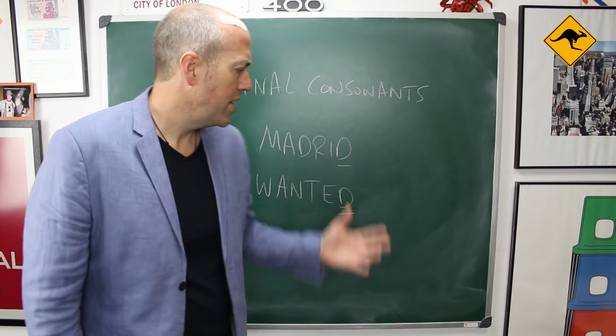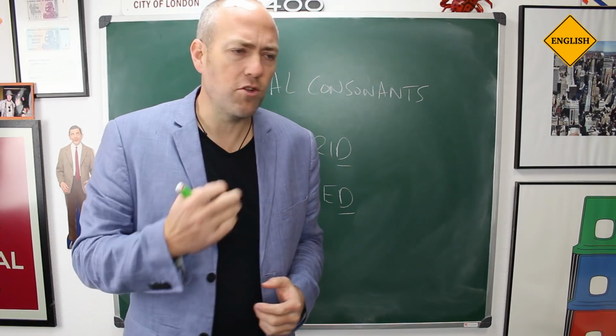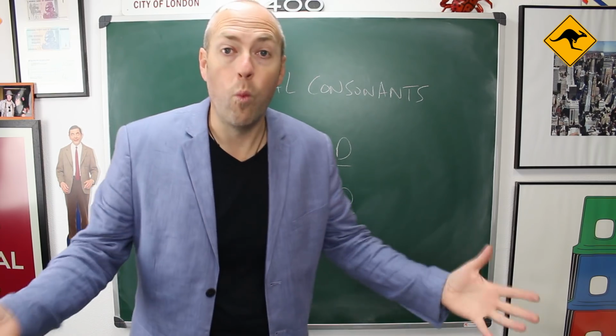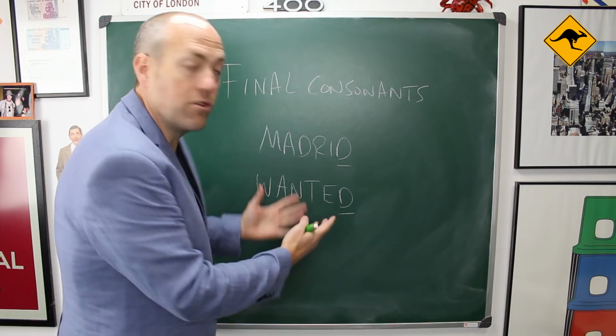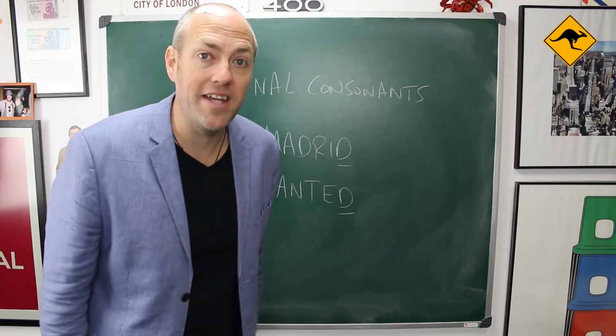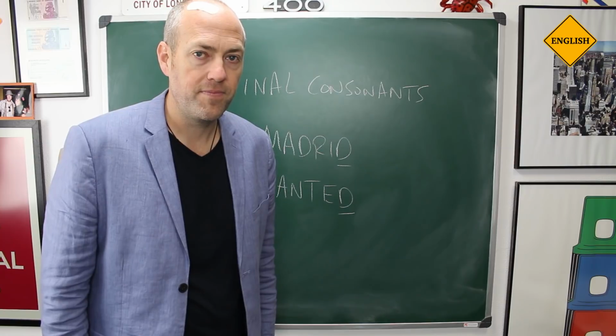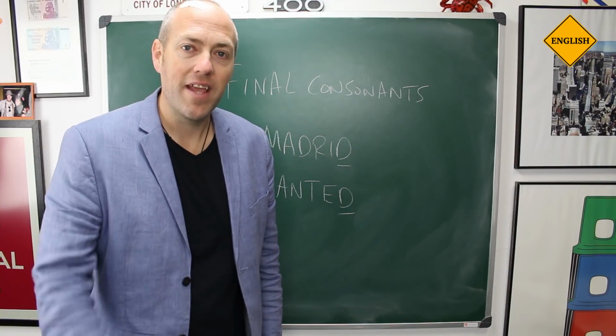But in English, the final consonant is always pronounced, it's always strong. Why is it important? It's important because the final consonant is the only indication that you are conjugating your verbs in English.